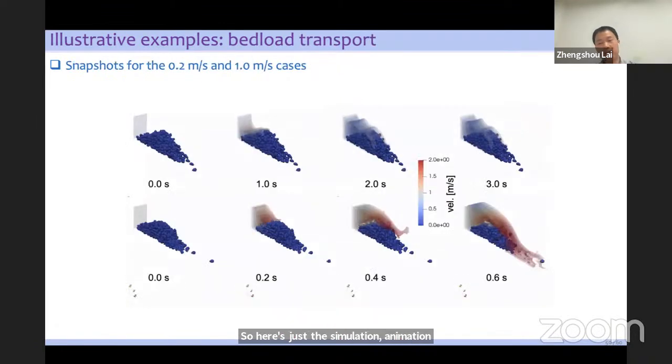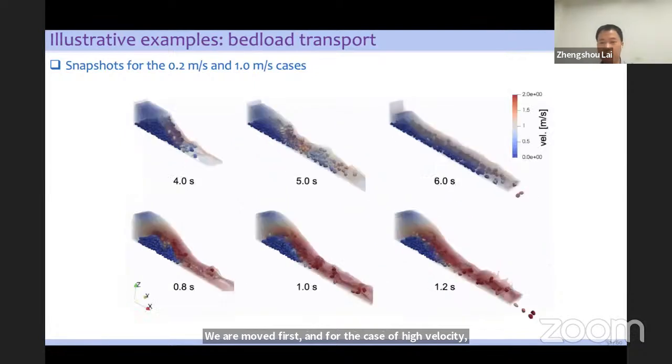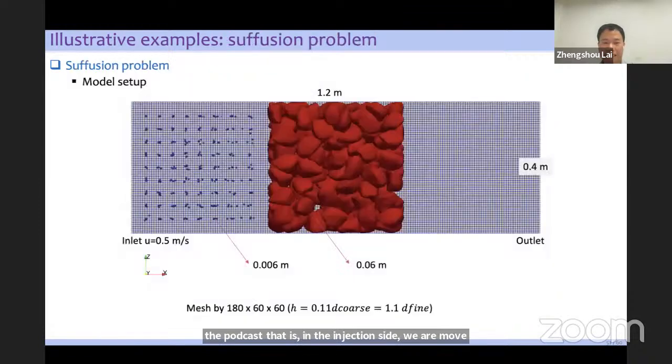We can also observe interesting phenomena. For the case of low velocity, the particles on the backside of the centropile will move first. For the case of high velocity, the particles on the injection side will move first. These are the snapshots.